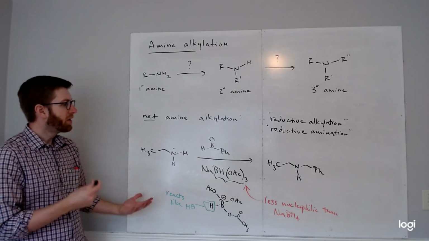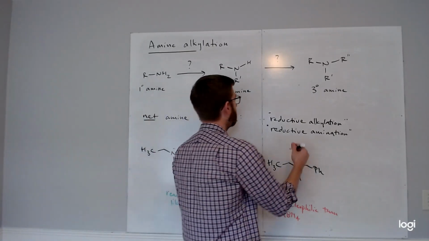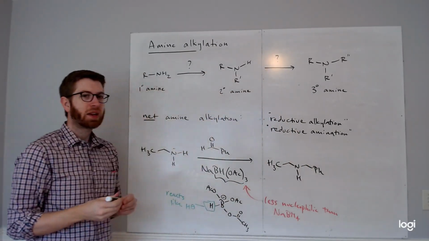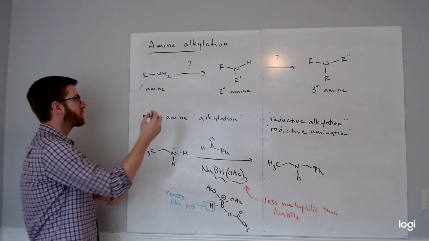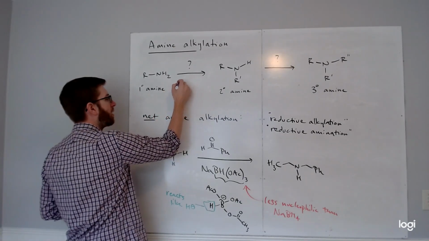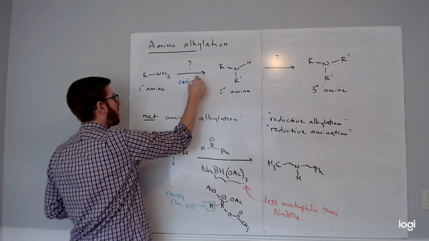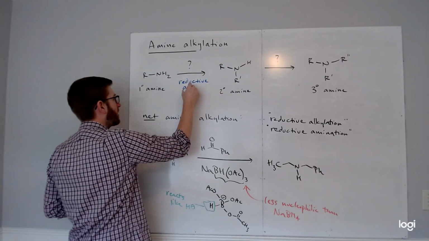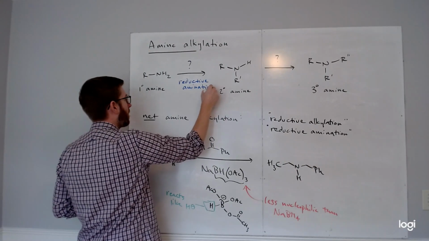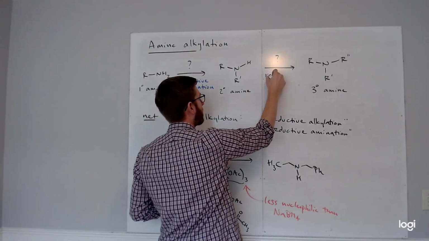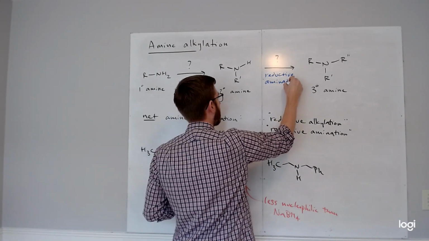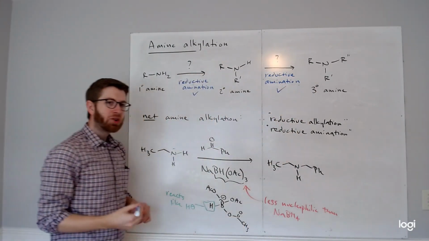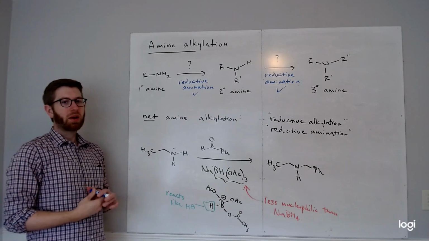The reductive amination works for both primary to secondary and secondary to tertiary alkylations of amines. So we could do our reductive amination here, check, and our reductive amination here, check, and we actually get very little or no over-alkylation.